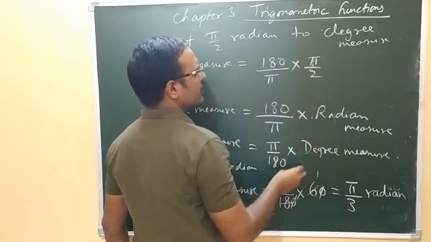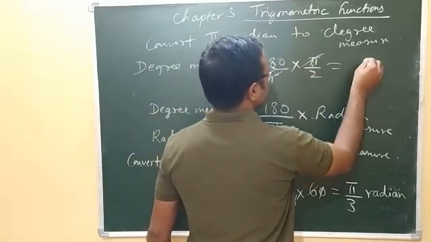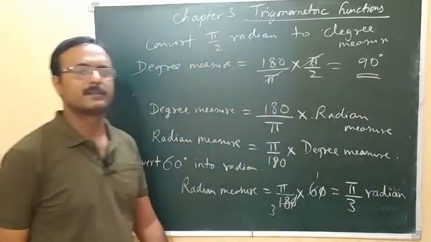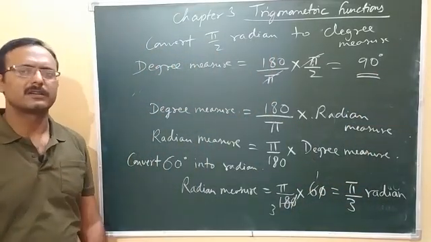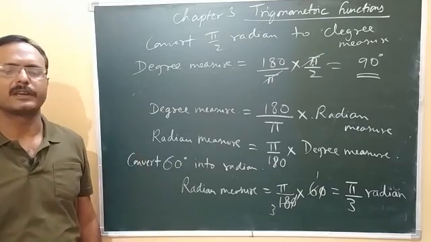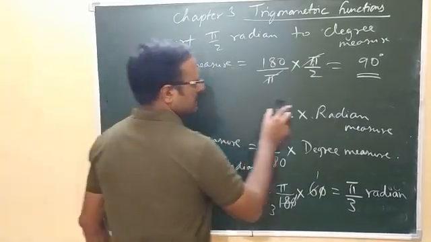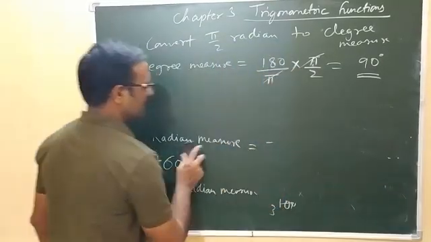So write pi by 2, pi will cancel and you will get 90 degree as the answer. So this was the simple conversion of degree to radian and radian to degree. Let us look at some more complicated examples.